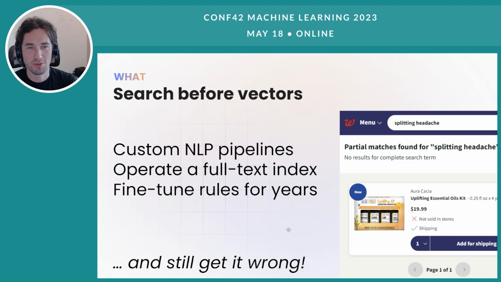So before using vector representations to build search interfaces, it was all about keywords, right? So you had some sort of natural language processing pipeline that tried to normalize the keywords in your documents and in your search queries, try to perhaps expand them to synonyms, and do all kinds of pre-computation and expansion.